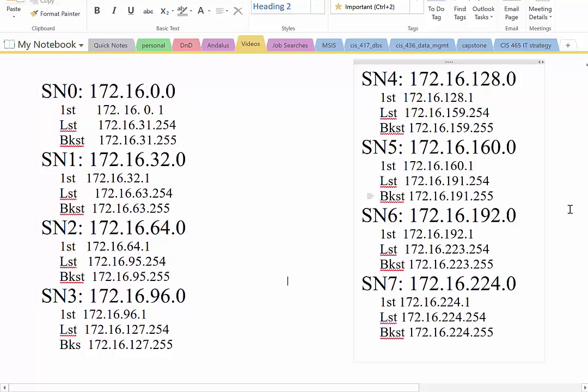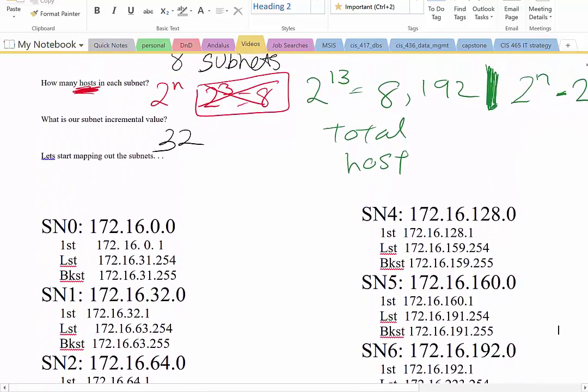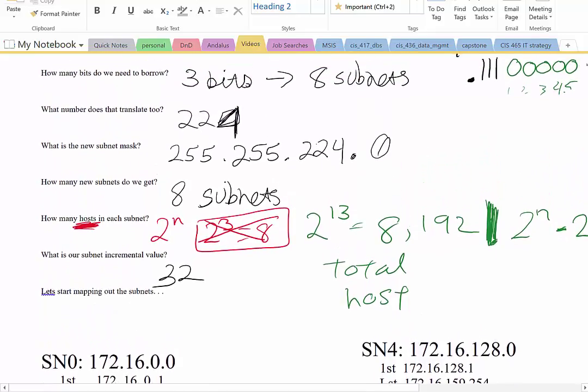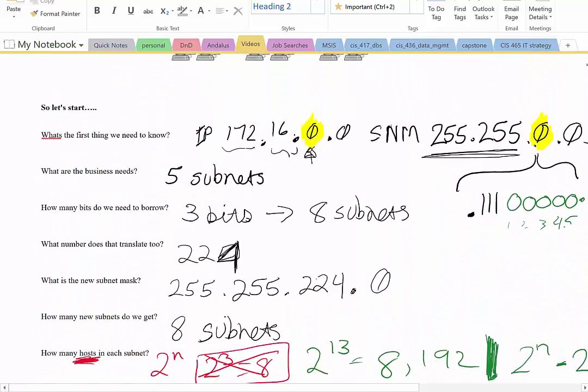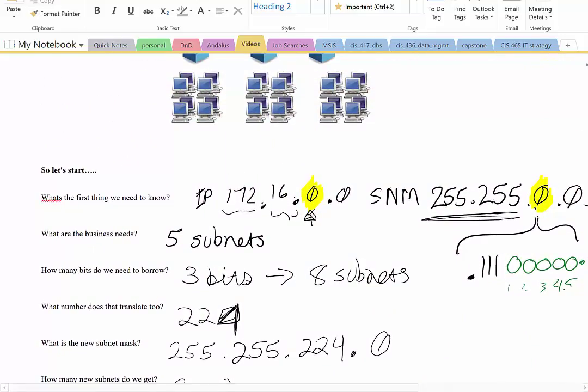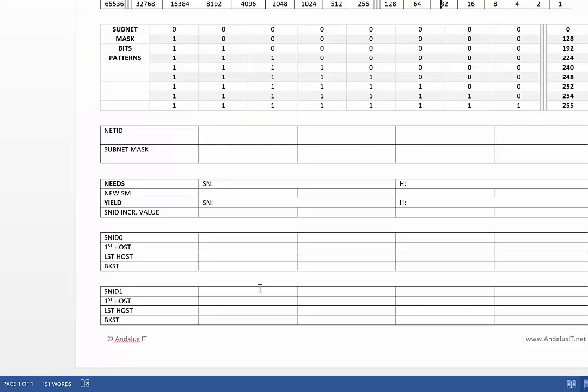Alrighty. So with that, I will go ahead and close out this example. We have all of our stuff answered, and we have filled out the new subnets, the yields, the new subnet mask, and mapped out our stuff.